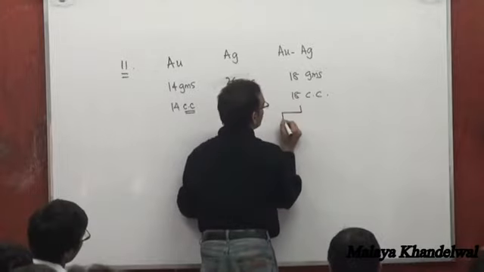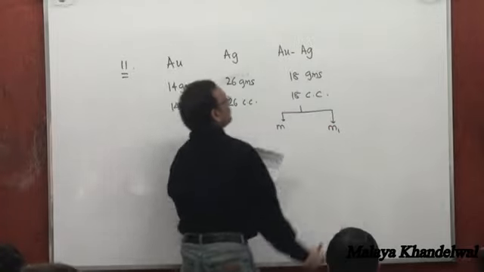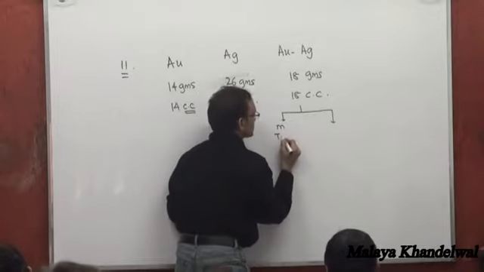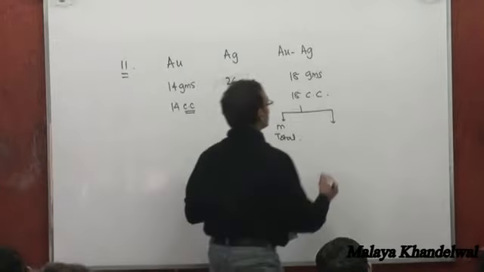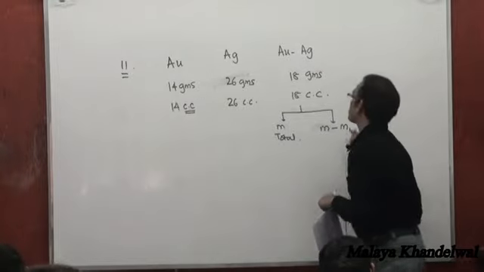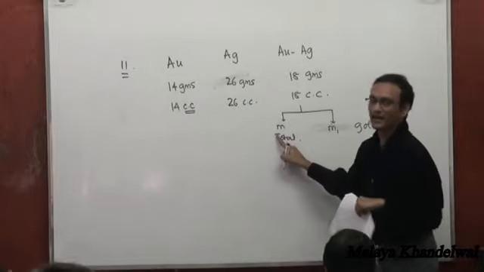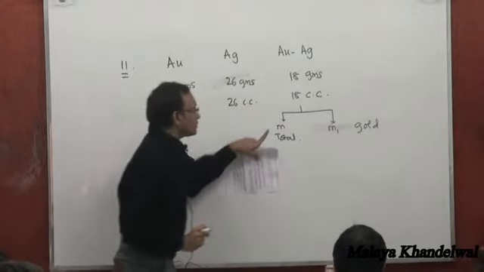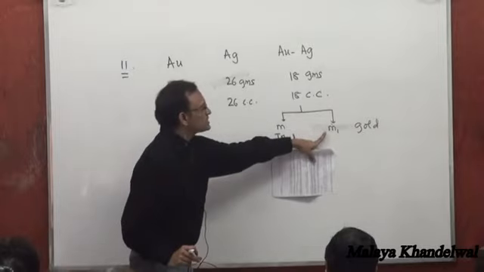So then, evidently, if M is the total mass, and M1 is the mass of gold, then we just need to compute M1 by M. So, if this is the total mass, then what's the mass of silver?